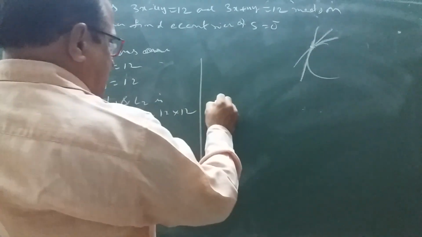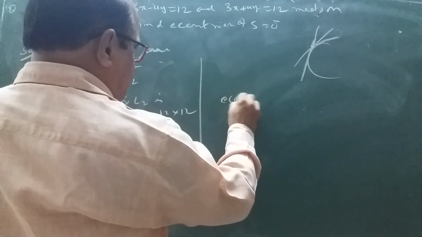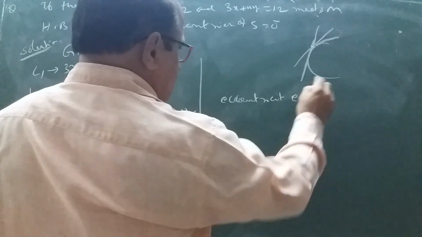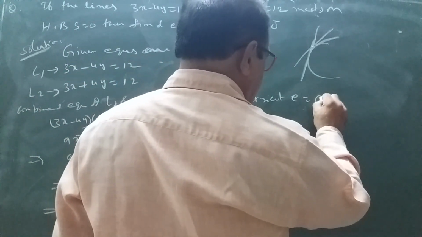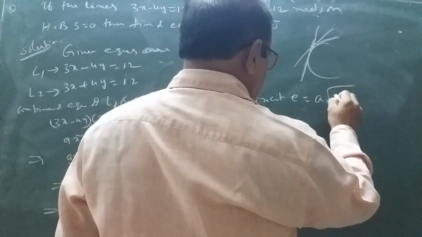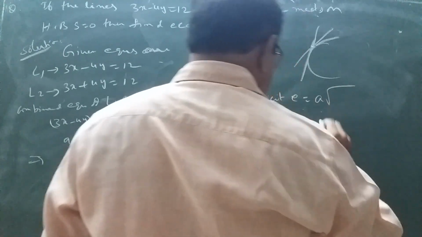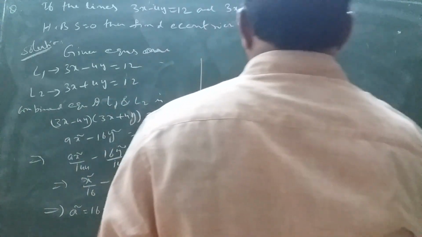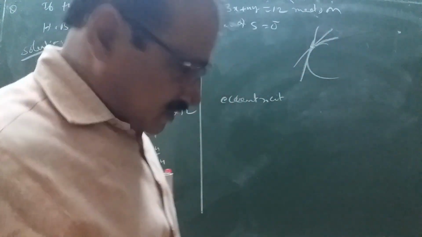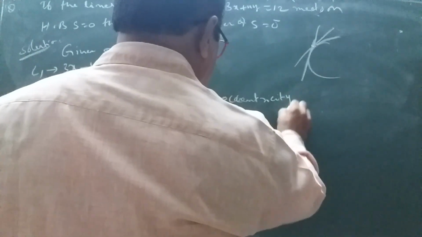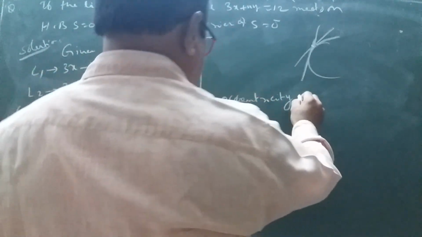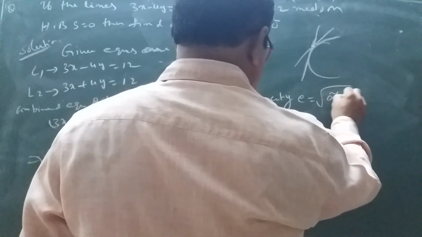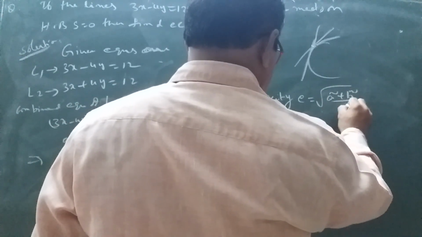We know the formula for eccentricity: E is equal to root of a square plus b square by a square.